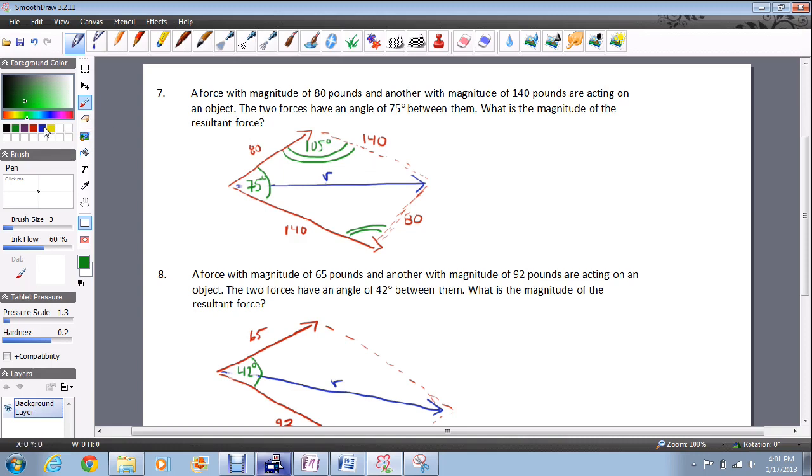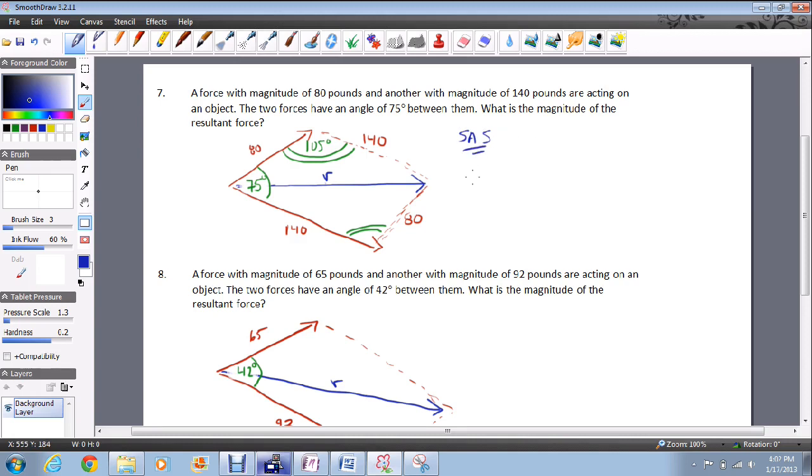So in order to figure out R, the resultant force, how large it is, we're just going to use the law of cosines. Because really what we have here is a situation of side, angle, side. And from the previous video when we had side, angle, side, we right away used the law of cosines.